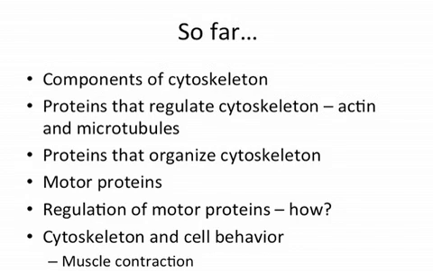So what are 2 examples of things that could regulate the activity of a motor protein? I can think of 2, I guess, small molecules that might regulate the activity of motor proteins. One I just talked about.